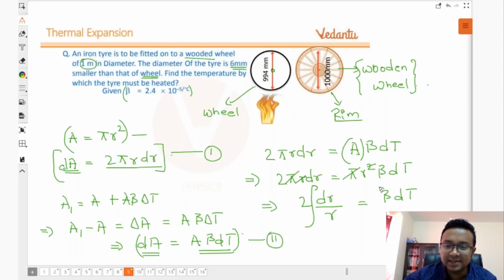Integrate both sides. All right. They want us to find the temperature by which the tire must be heated. So that is nothing but your delta T. Okay.